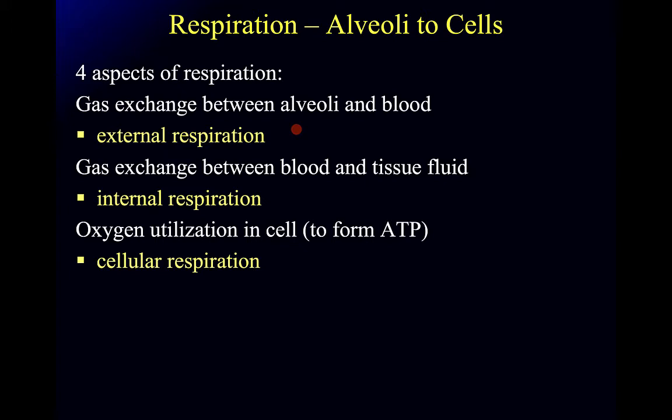The reason we think of this as external respiration is because this area inside the alveoli where the air is really is still kind of outside of our body. That whole respiratory system is basically an invagination of the kind of wrapper on the outside of us. If we want to think about that, we might think about, say, our epidermis.